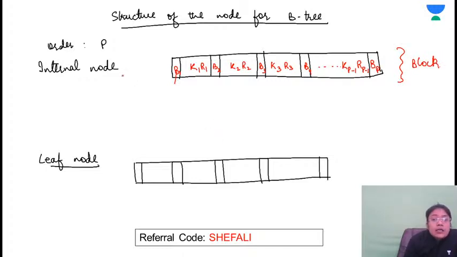If it's the internal node, definitely it will have block pointers. If it's a leaf node, definitely these block pointers will be null. Leaf node means it does not have any child, so all the block pointers will be null.